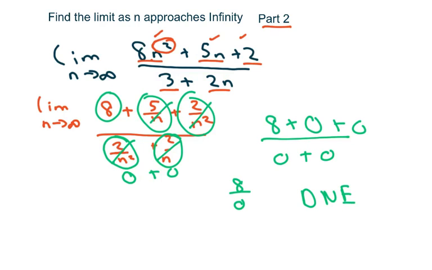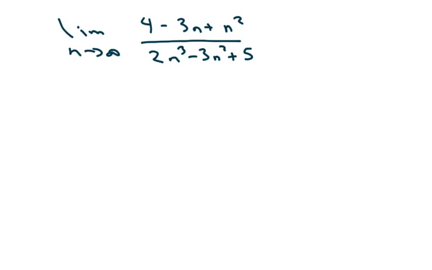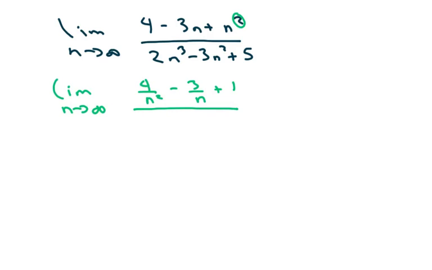Okay, the next one is here. We're going to do the same thing. We're going to divide everything by my highest term, which is n squared. So I'm going to rewrite this and divide everything by n squared. No, it's going to be n cubed, sorry. Let me rewrite that.